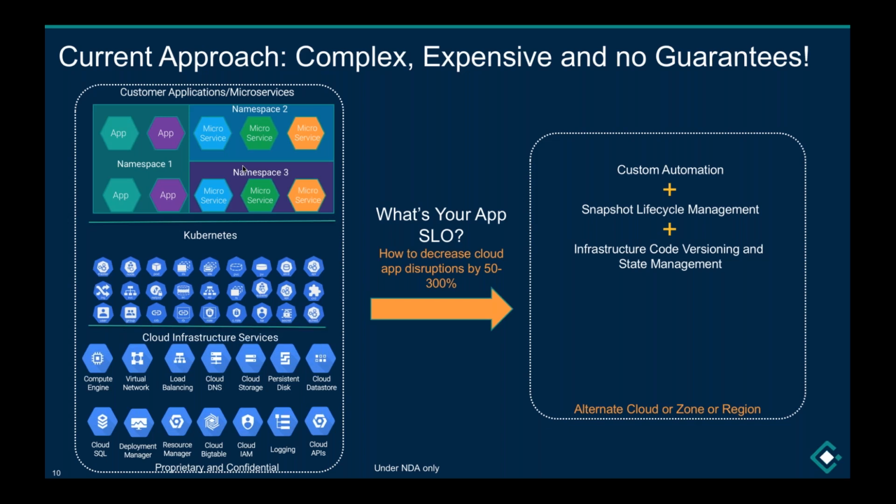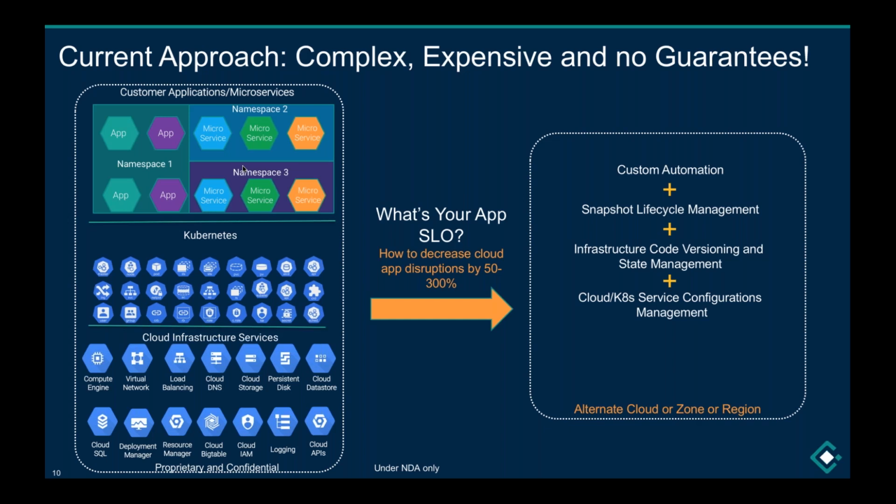You will have to be familiar with the nested stack oriented approach of developing these application infrastructures, and you will have to manage the code versioning, all the state management that comes with the infrastructure as code. So infrastructure as code has enabled a bunch of capabilities that were not possible before.